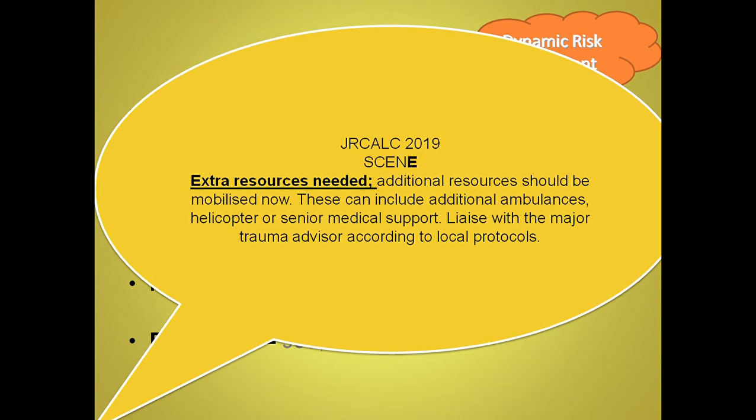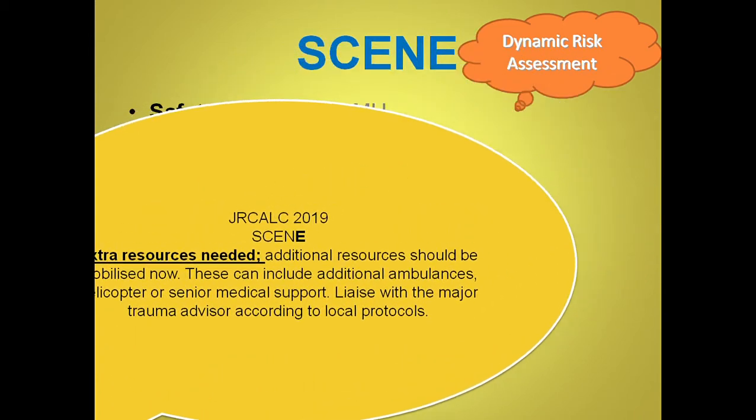Just remember, the JR Calc is written for those already working within the ambulance service, but many of us adopt the JR Calc guidelines to assist with our rescue organisations or pre-hospital medical work that we are offering.